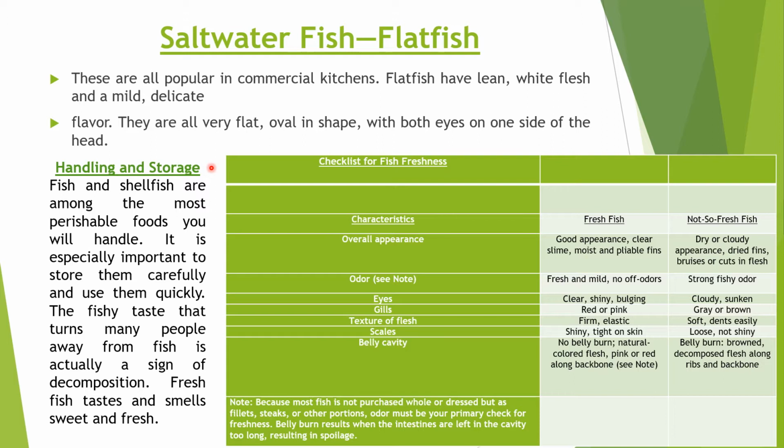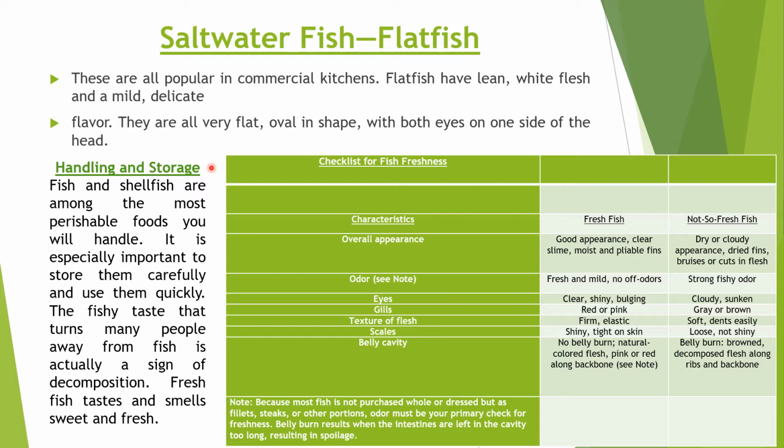The odor or smell of fresh fish is fresh and mild, not of odor. And when it is not too good, it has a strong fishy odor. So you can go over this table in your handouts. It's going to be more detailed, and there you can find more details.